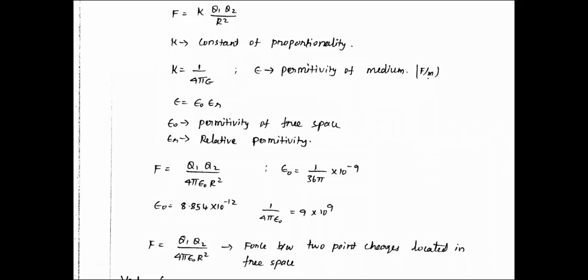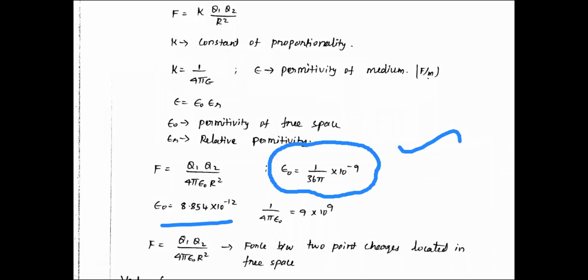Do you know the value of epsilon naught? In general, the value of epsilon naught is 8.854 into 10 power minus 12. The value of epsilon naught can be written like this also. Please remember these things, they are all very important. Instead of 8.854, you can remember it as 10 power minus 9 in the numerator and 36 pi in the denominator.